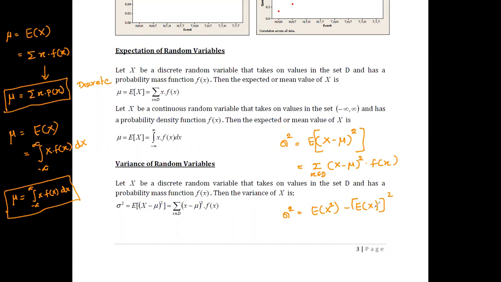It is because we can easily find E[x squared] as the summation of x squared times fx, and we all know that E[x] is the summation of x times fx. Using these two equations and substituting in this equation, we can obtain the variance for a discrete random variable.